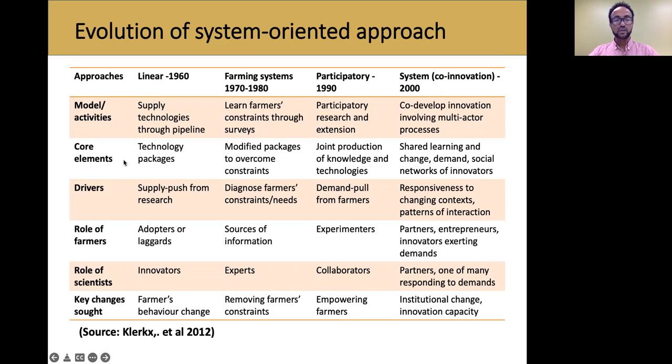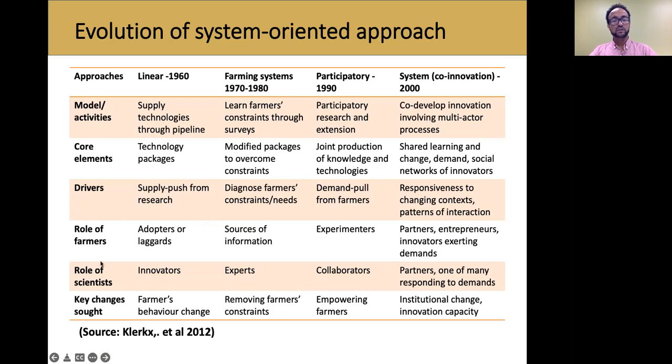For example, the focus of the linear approach was a technology package transferred to farmers, and the farming system approach modified the same technology package through information from surveys on farmers' constraints. Then the participatory approach is a kind of joint production of knowledge and technologies with farmers. But the system-oriented approach is all about shared learning and change.